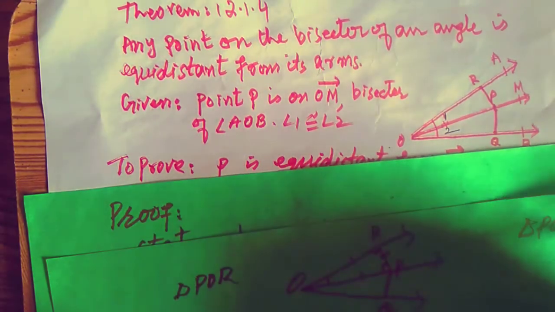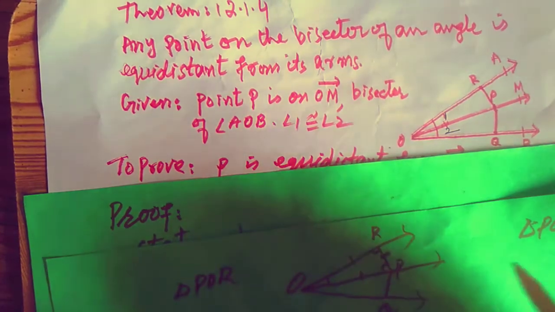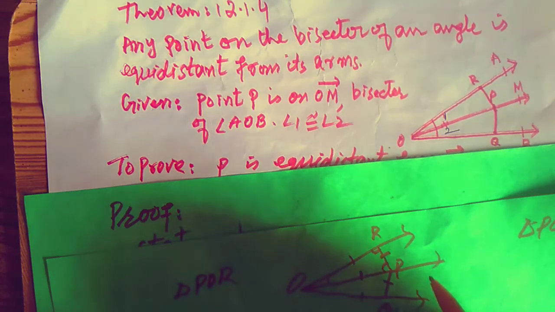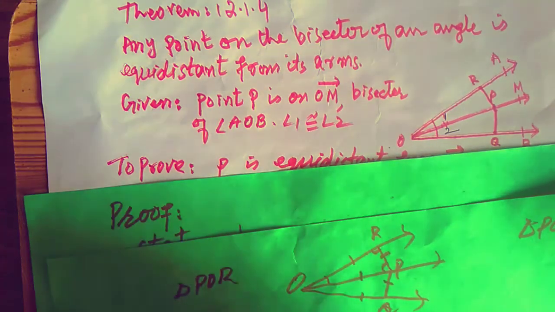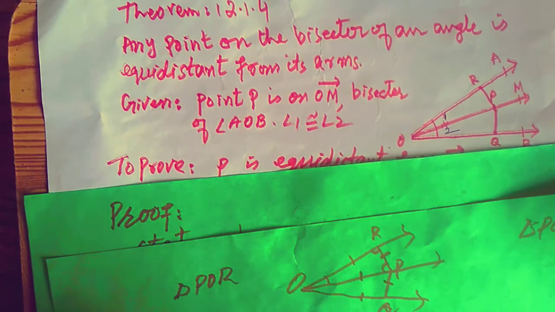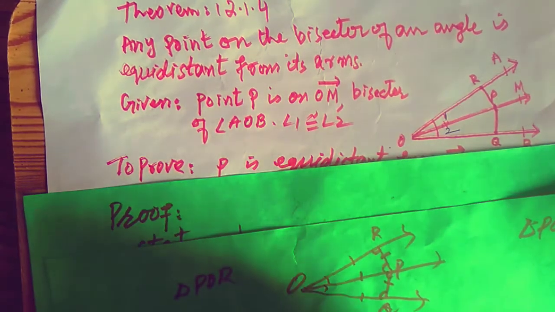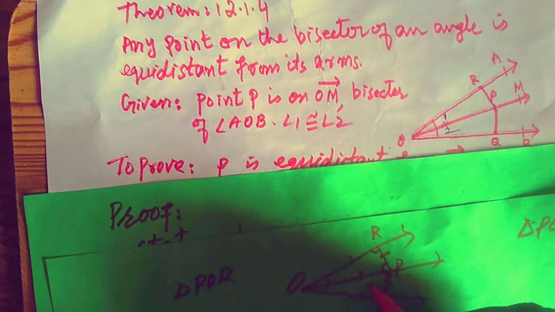Same as triangle POQ has also 6 components. Each triangle has 3 sides and 3 angles. This triangle has 6 components, and this triangle has also 6 components.